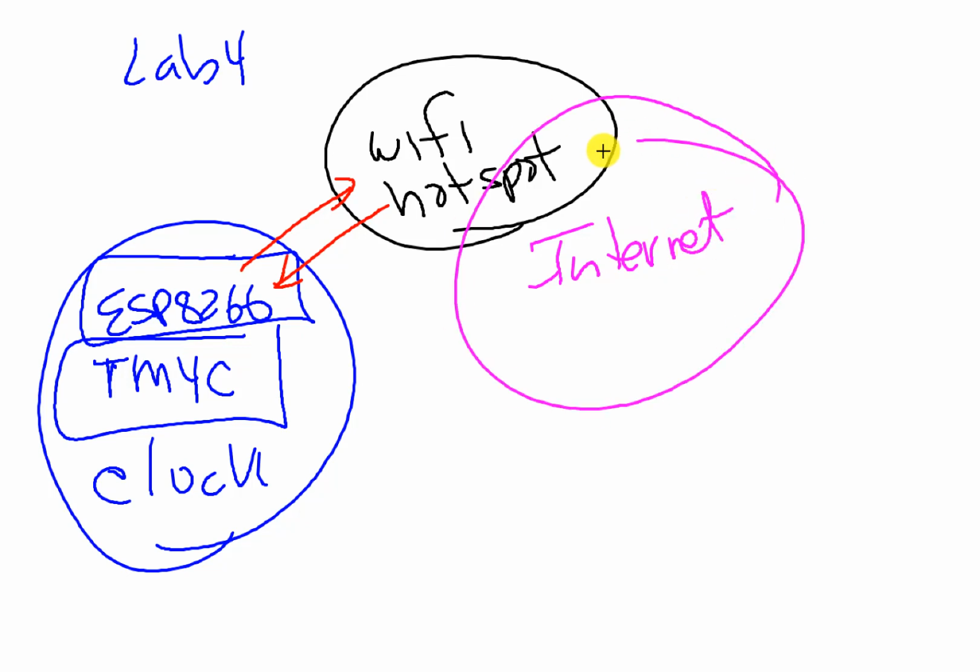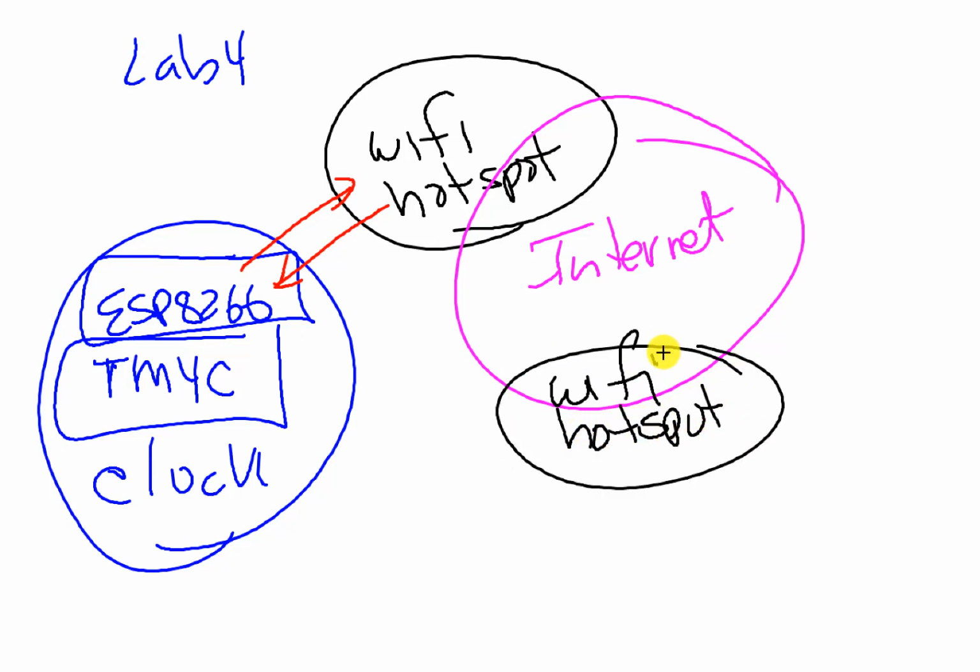Now this hotspot is in turn going to be connected to the internet, which is a big amorphous network that allows you to send things across the planet. Somewhere else, there's another hotspot. It may actually be the same one, but nevertheless, we're going to assume they're different. They don't have to be the same.